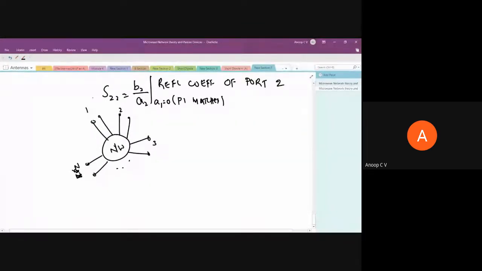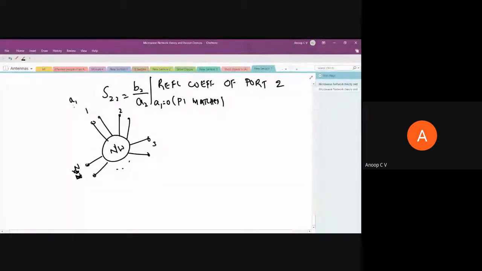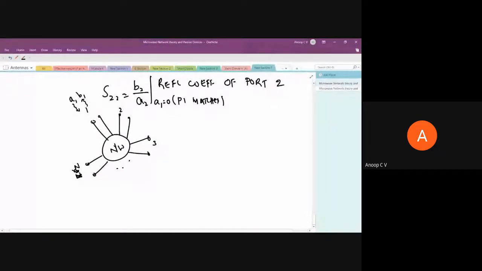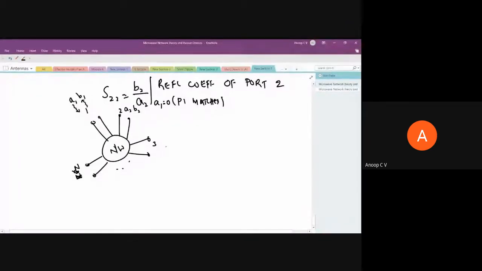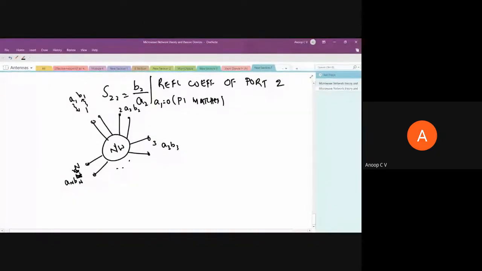There again I can define A's and B's. A1 will be the incident quantity and B1 the reflected quantity, and again this is A2 and B2, A3, B3, and so on up to An and Bn. So what will be the S parameter description of this?